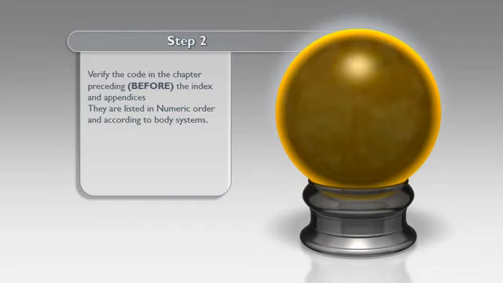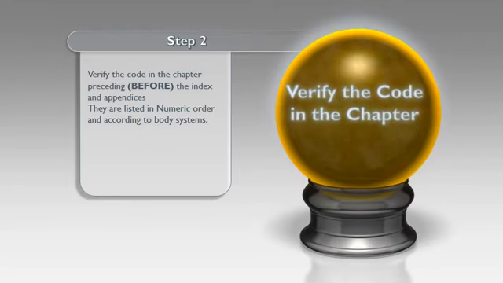One thing I'm going to share with you, I noticed in the surgery section, that's 10,000 through 60,000, that the location on the body is actually the red bold and the procedure is the blue bold. And when you start coding, or if you've already coded, you may have figured that out on your own. So step 2, verify the code in the chapter.